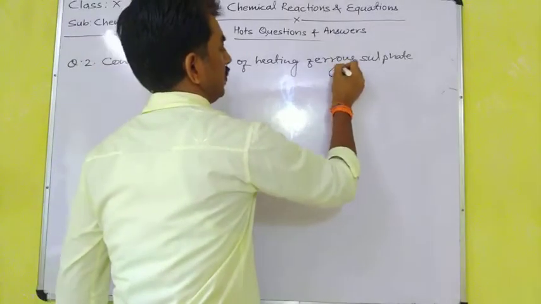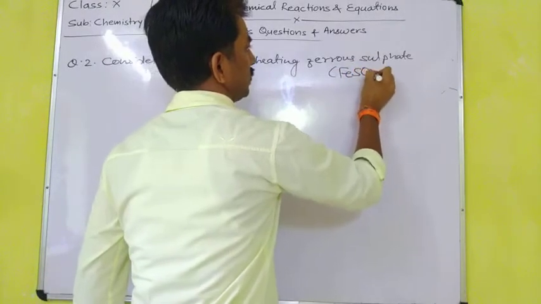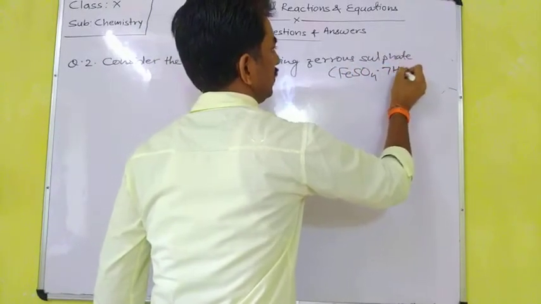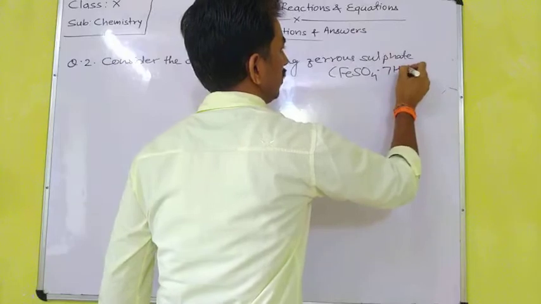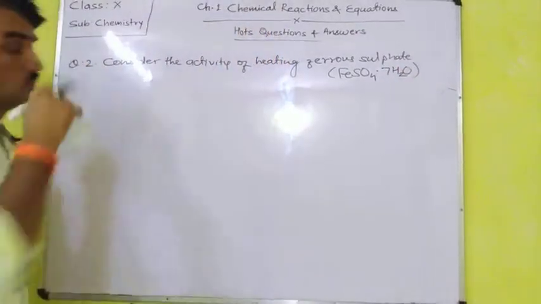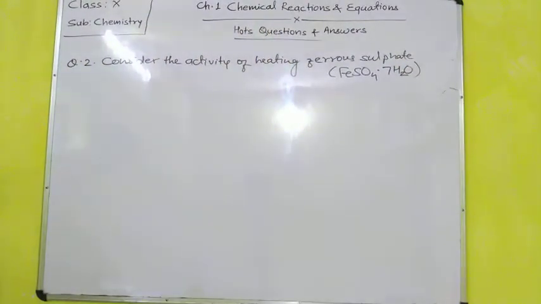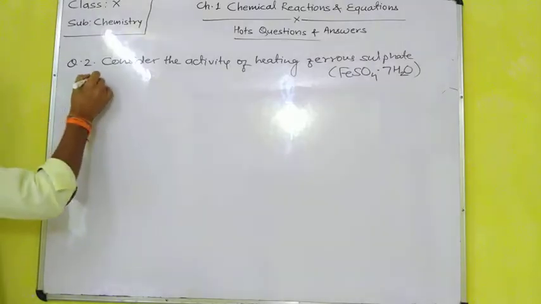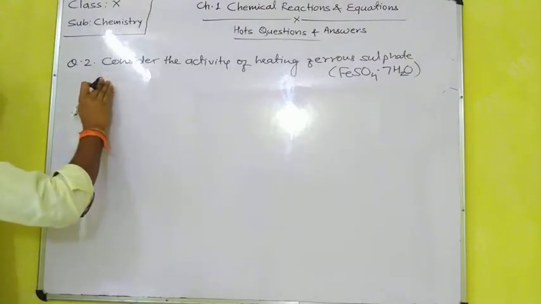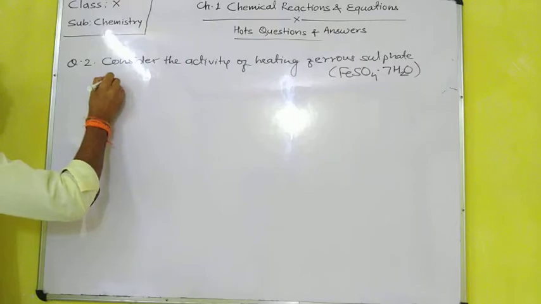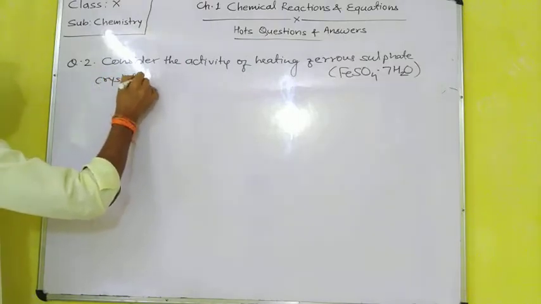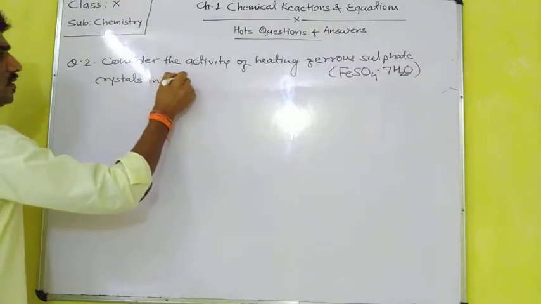Ferrous sulfate's formula is FeSO4.7H2O. It has molecules of water. Okay, ferrous sulfate crystals in a test tube.